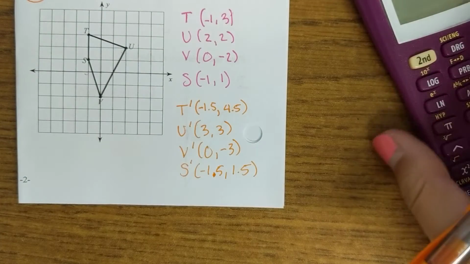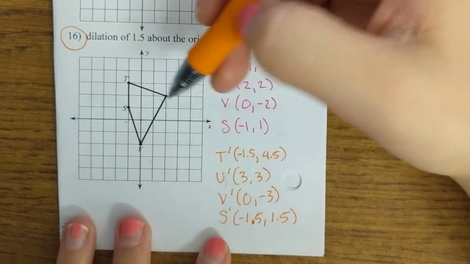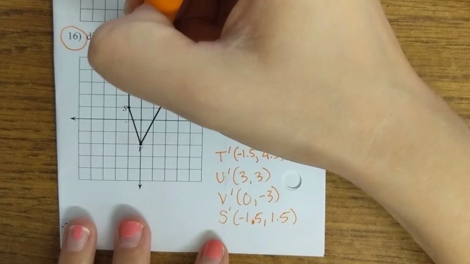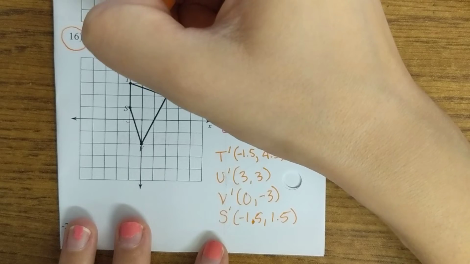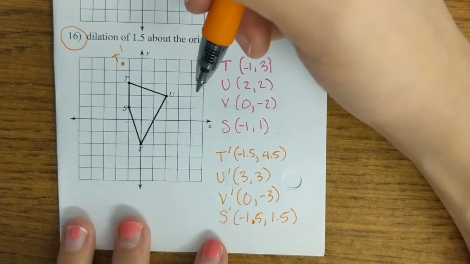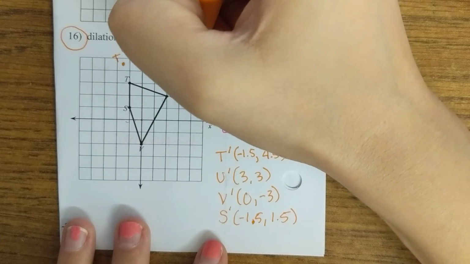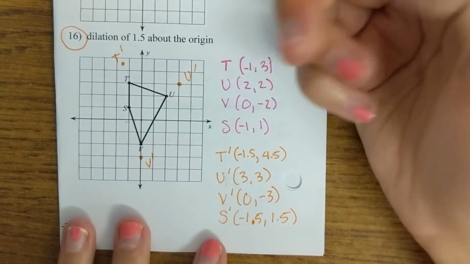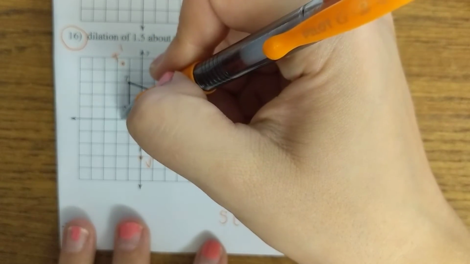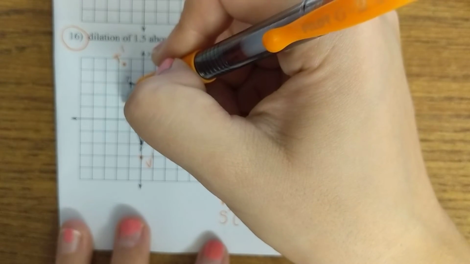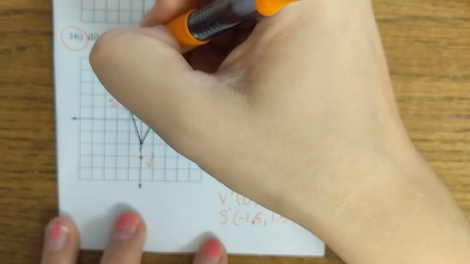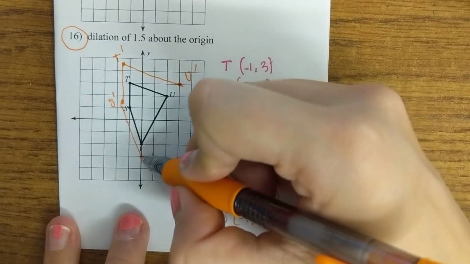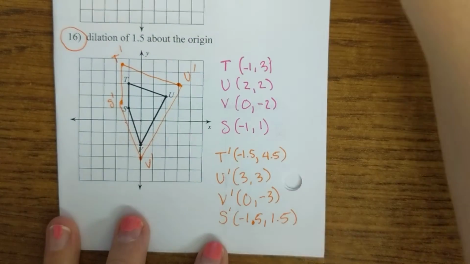And then we'll graph these points. So negative 1.5 is right here, plus 4.5, so 3, 4.5. So this is T prime, U prime, 0, negative 3, V prime, and negative 1.5, up 1.5, S prime. All right, and there's our dilation.